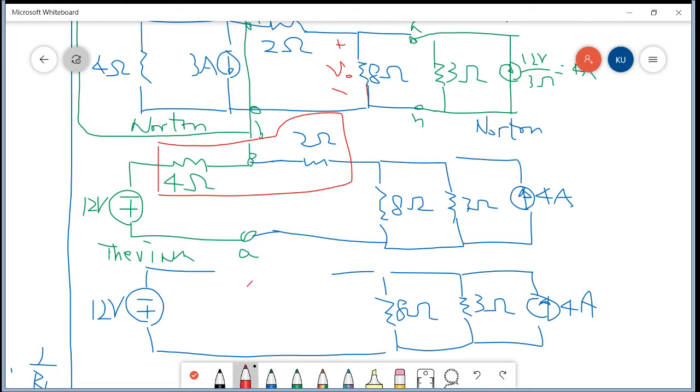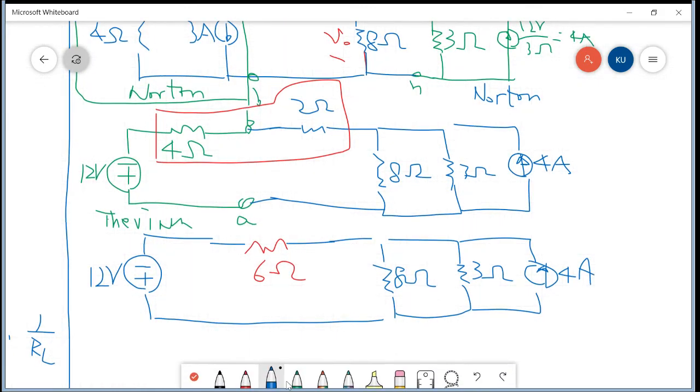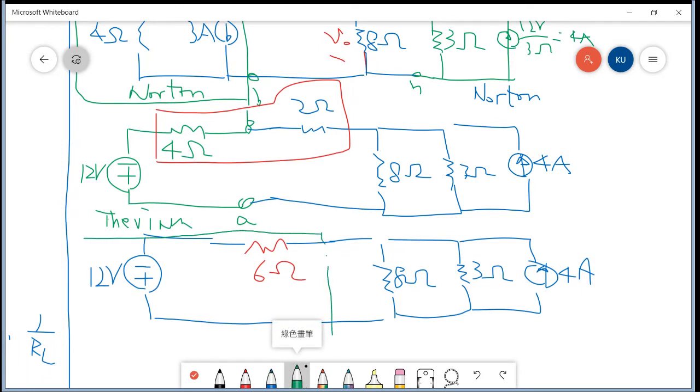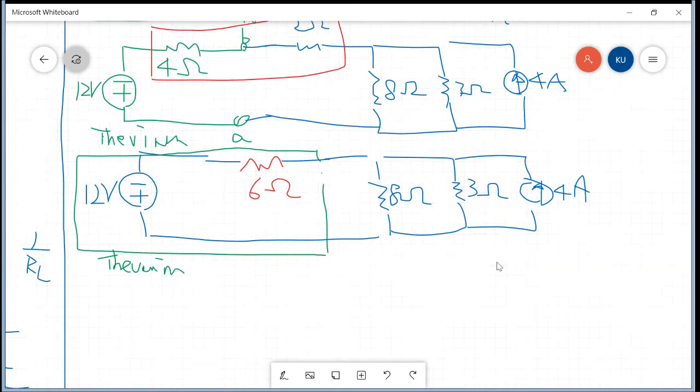This is actually 4 plus 2, 6 ohm, simply a series resistor. This is the new Thevenin equivalent circuit, and we can convert it back to Norton.